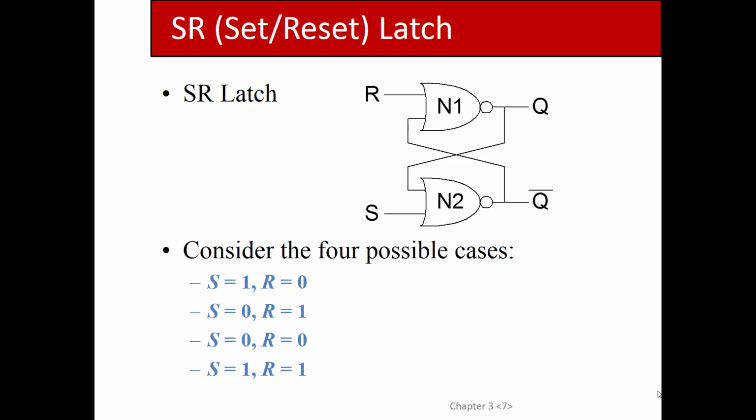So the one case I haven't covered yet is if you put a 1, 1 in it. A 1, 1 is an invalid input. You don't want to put a 1, 1 in because you guarantee that both outputs will be 0, right? Because you're putting a 1 in this guy and a 1 in this guy, and if you put a 1 into a NOR gate, you guarantee that the output is 0.